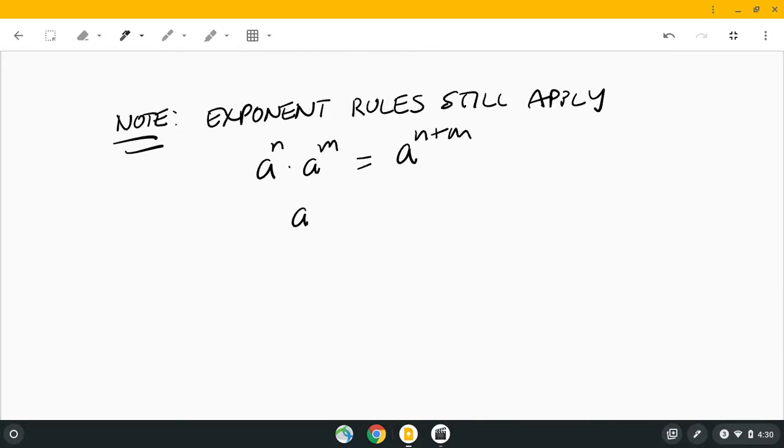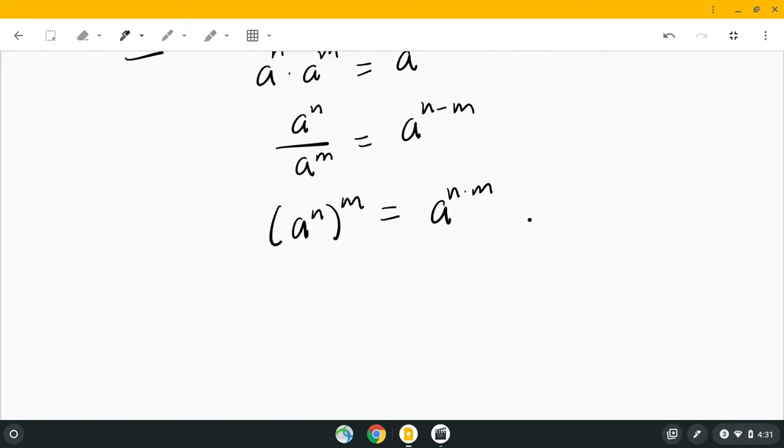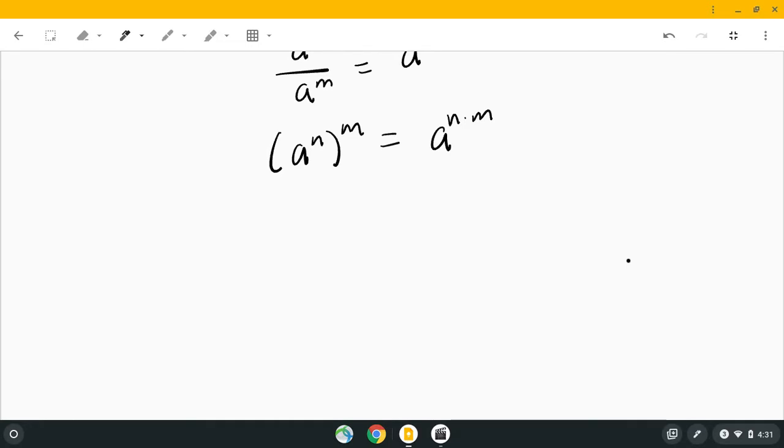If you're dividing like bases, you subtract the exponents. And if you have power to a power, and we just saw this, then you multiply the exponents. The only difference now is that you're going to have to do these operations, addition, subtraction, and multiplication, with fractions now instead of integers.